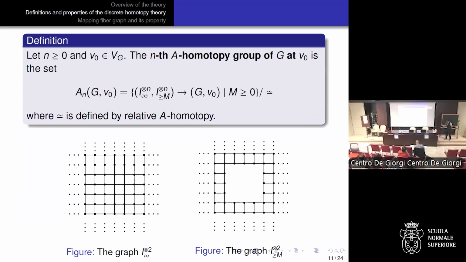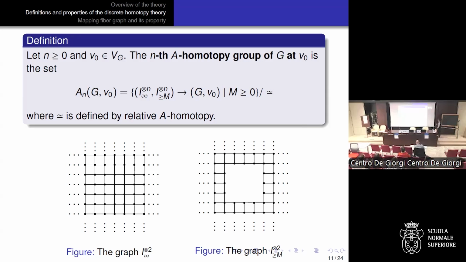Now we can define the homotopy groups of G. So let n be a non-negative integer and V0 be a base vertex of the graph. Then the homotopy group of G at V0 is defined as this set.